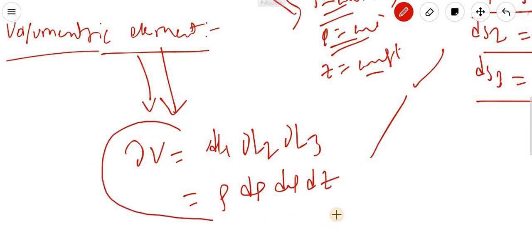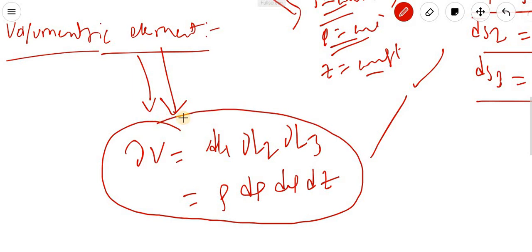Volume is not a vector quantity, so there is no direction. So it is rho d rho d phi dz.